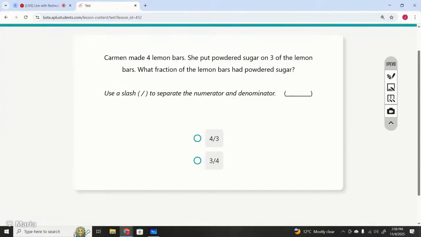Carmen made 4 lemon bars. She put powdered sugar on 3 of the lemon bars. What fraction of the lemon bars had powdered sugar? That is 3 out of 4.